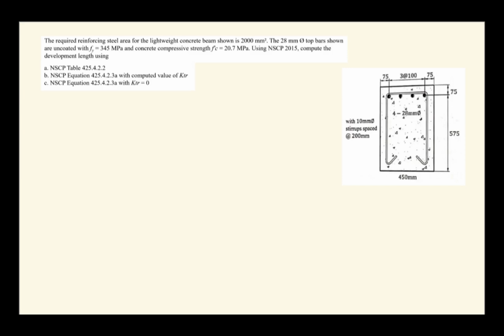In this example, we have to solve the same development length using the specifications as provided in letters A, B, and C. In letter A, we are to determine the development length by referring to table 425.4.2.2, in which that tabulation, as used in the earlier example, compares the clear spacing as well as the clear cover to dB.